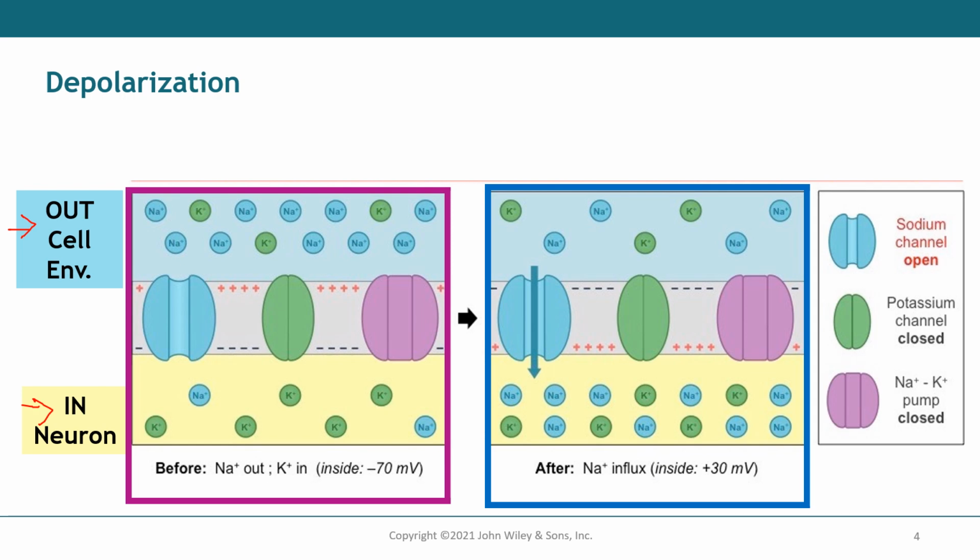Here you can see one, two, and three ion channels. One is for sodium, and they tell you if it's open or closed. The green one is for potassium, and the third one is a sodium-potassium pump.